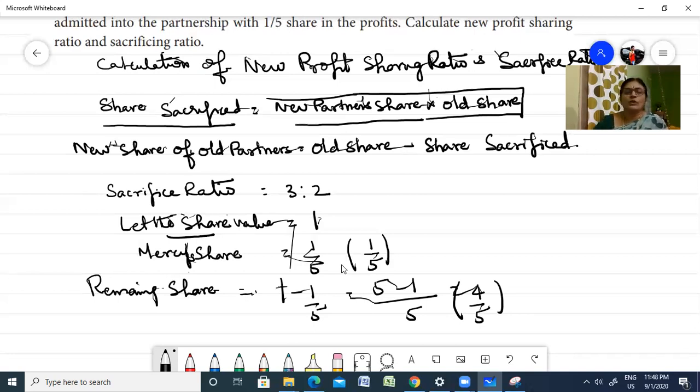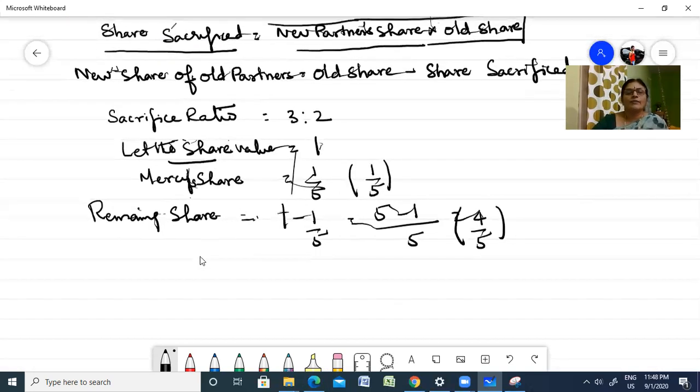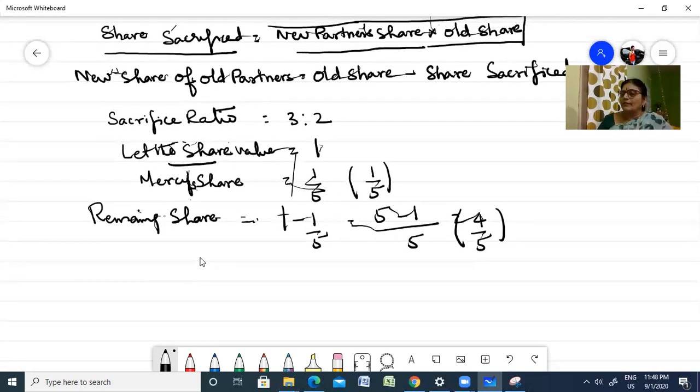Now let us find out the new share. Let us write the formula.